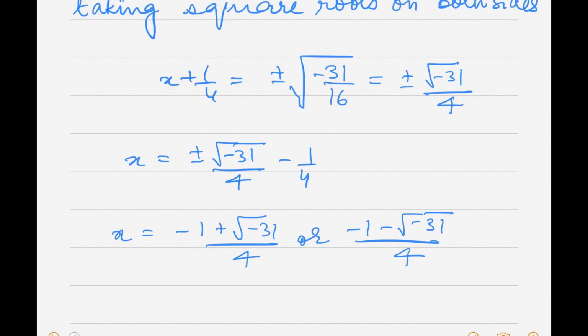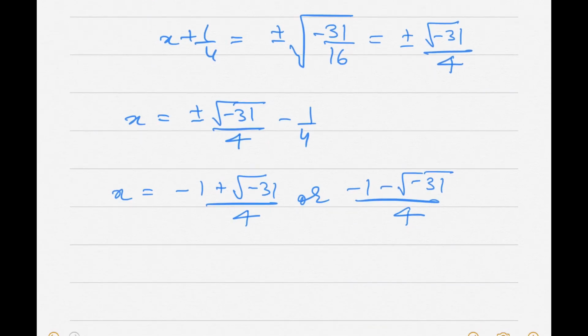Okay, so we know that the square root of a negative value would be an imaginary value, that's not a real one. So there will be no roots, right? So root of minus 31 by 4 is an imaginary value.